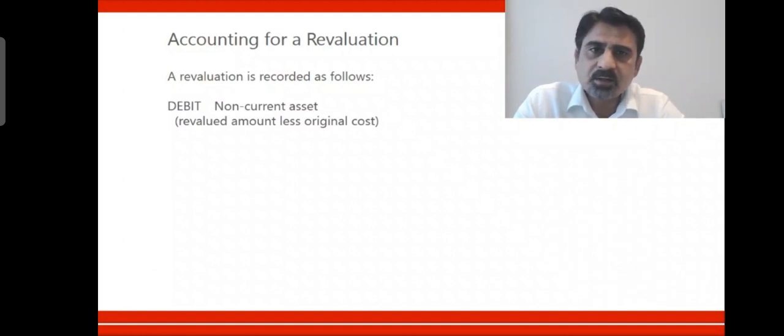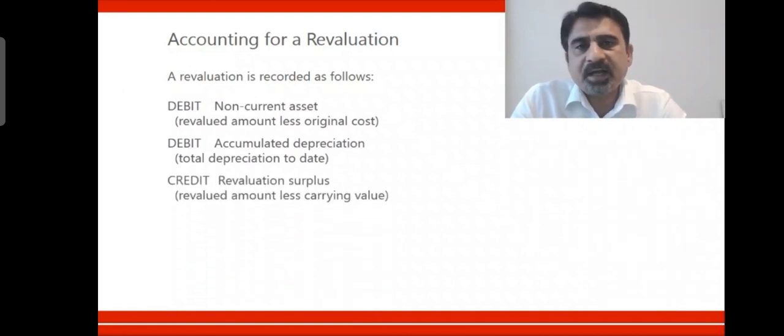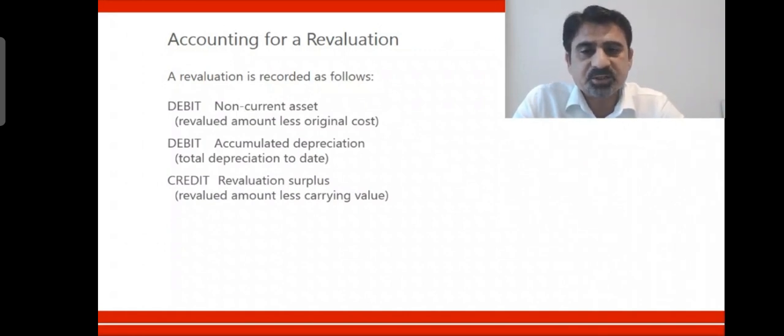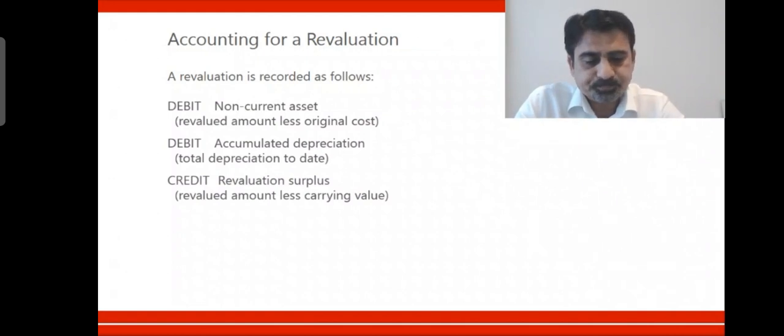So debit non-current asset, debit accumulated depreciation, and credit revaluation surplus. I will explain this double entry in the next slide. Here you can just remember, but please remember that this is a very important double entry: debit accumulated depreciation, debit non-current asset, and credit revaluation surplus. Revaluation surplus is that gain in the asset.